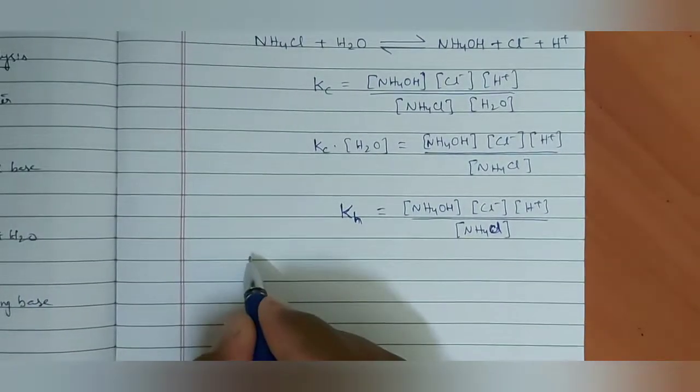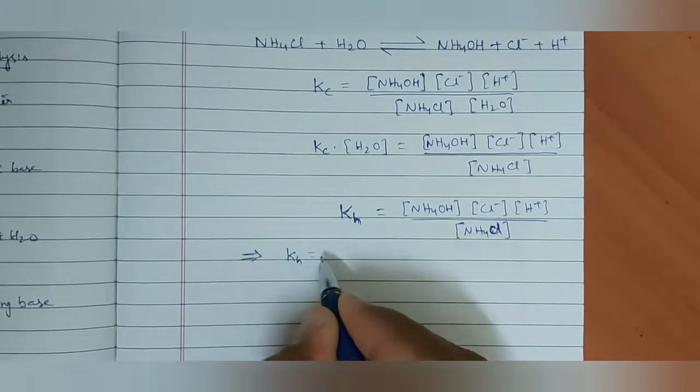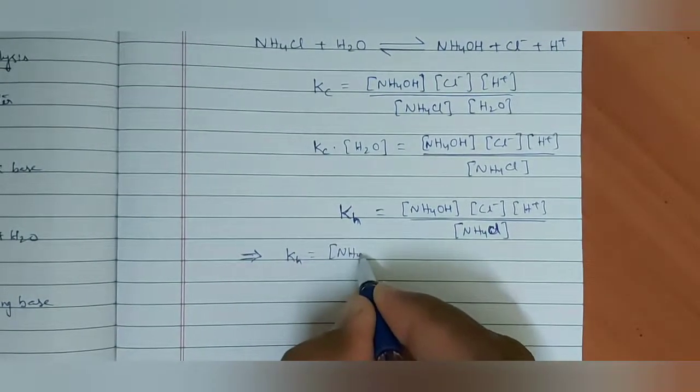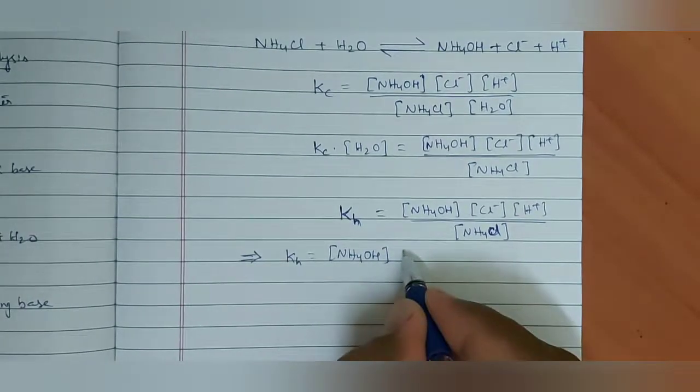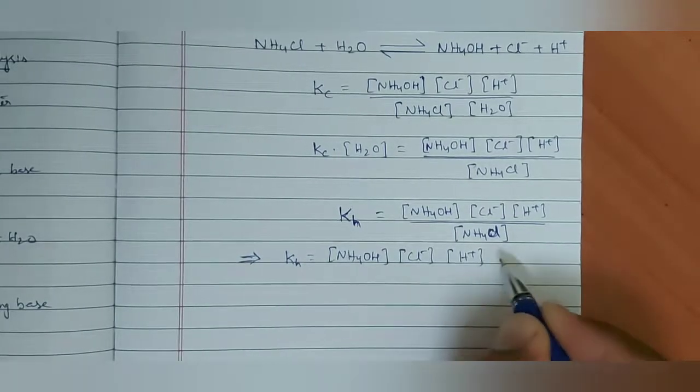Okay? This implies Kh is equal to concentration of NH4OH into concentration of Cl minus into concentration of H plus.